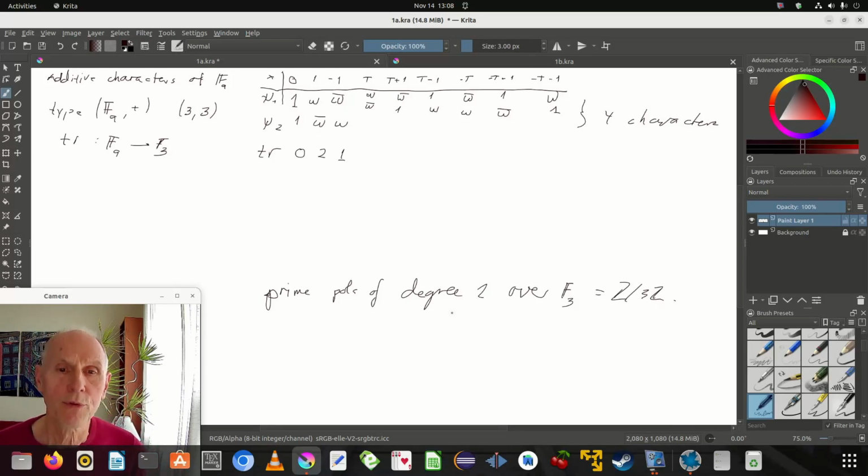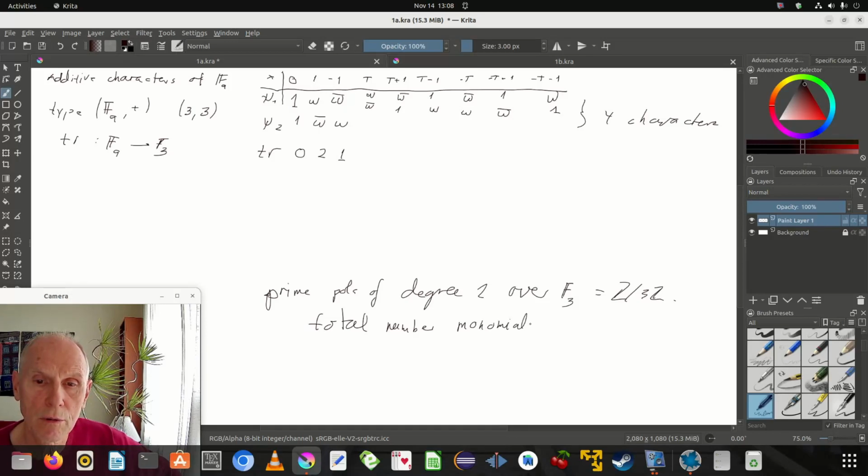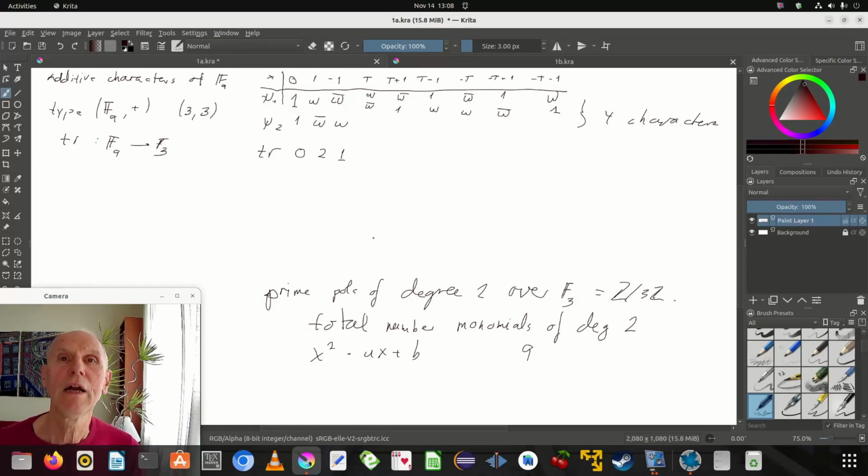So the point, I thought it was a total question of counting. So we have the number of polynomials, and that's monomials of degree 2. So that's 3 times 3, there are 9. And then let's look at how many we can make that are not prime.